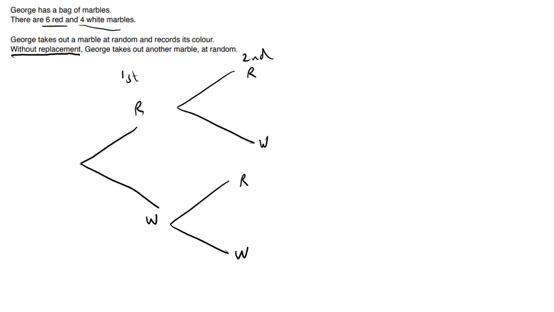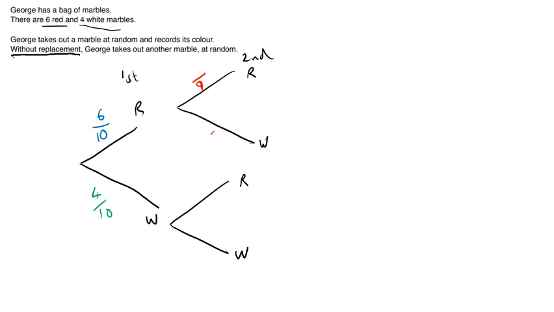So to start off with, what's the probability at the moment of taking out a red marble? That is going to be 6 out of 10. There's 10 marbles in total. Taking out a white marble is going to be 4 out of 10. Then, after that, I've taken out a marble. So how many marbles are left in the bag? 9.